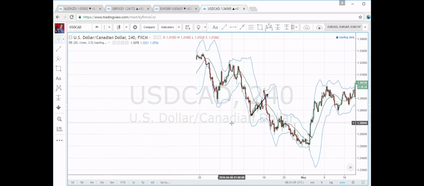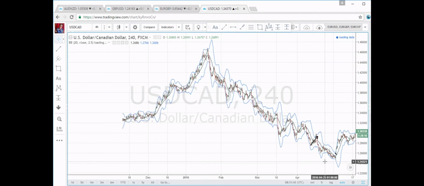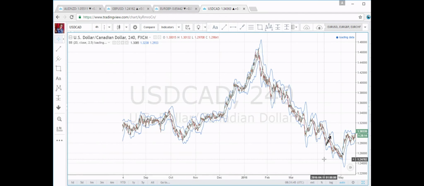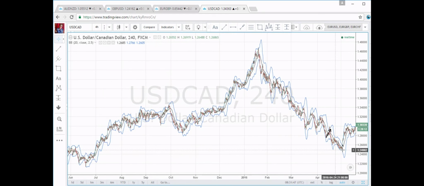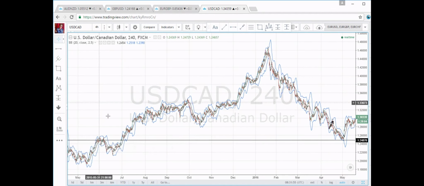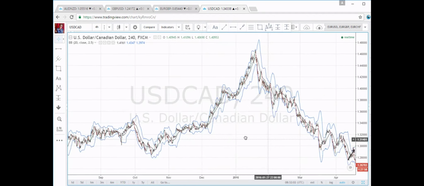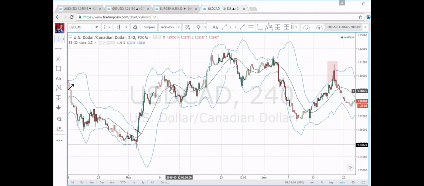Let's take a look if we get a confluence factor for a support and resistance area in this area. Let's zoom out a little bit and you can see here was the reversal. When we mark this area here, then we don't have a real level, we have a little bit of a confluence, so we are lacking this support and resistance a little bit.